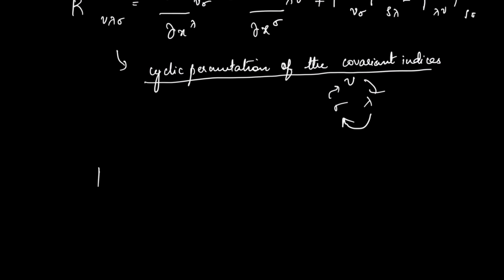Then R mu will be as it is. Now I'll get sigma nu lambda. So first cyclic permutation, I'm just taking this sigma to the other side, that is, I'm exchanging sigma with nu.